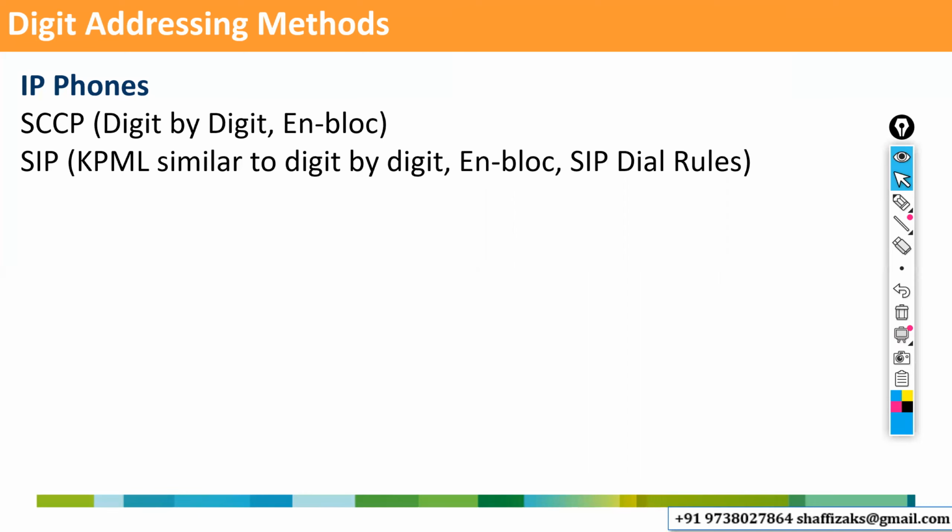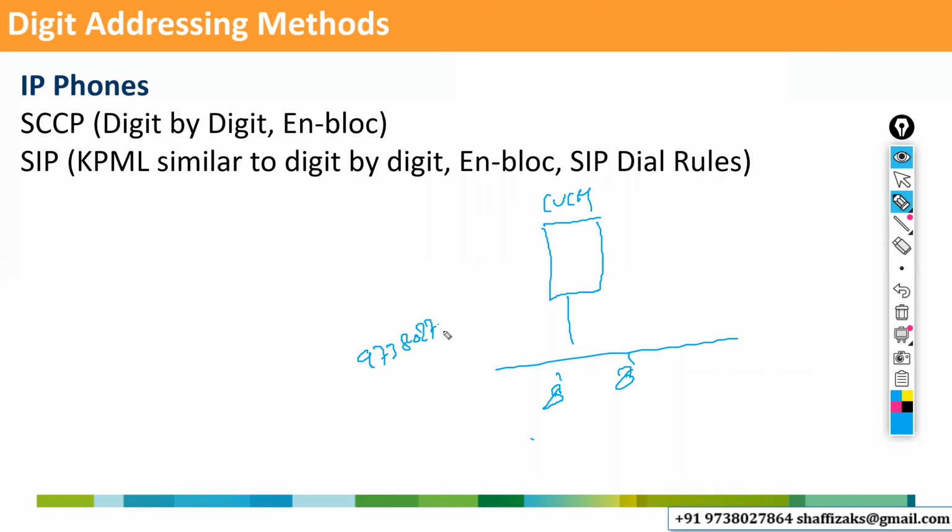You can configure it. For example, this is how call processing or call routing happens. This is my CUCM. Then phones are registered here. Whenever I dial any number, for example, 97380278864, it carries till the call manager.